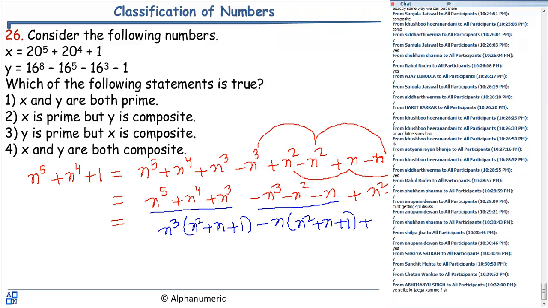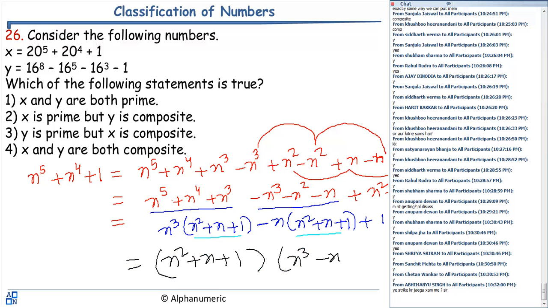Now in all three terms, n square plus n plus 1 is common. So take out n square plus n plus 1 outside. This comes out to be n square plus n plus 1 into n cube minus n plus 1.